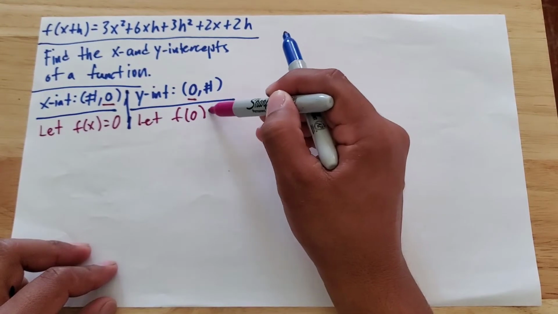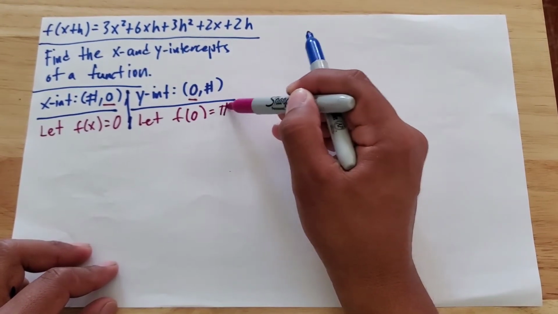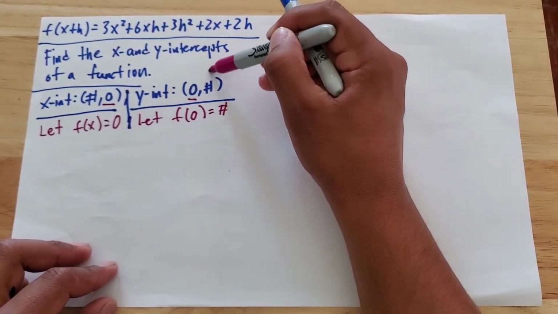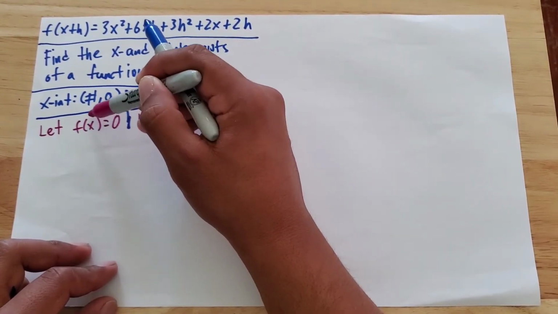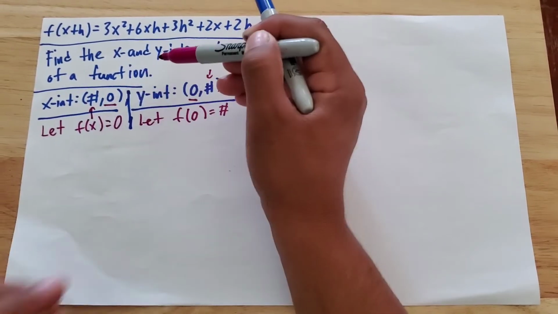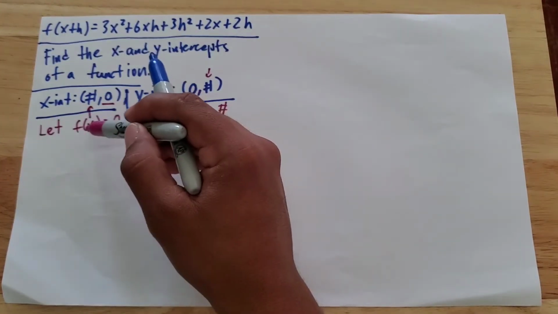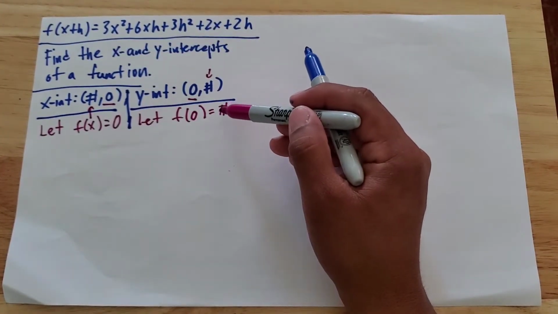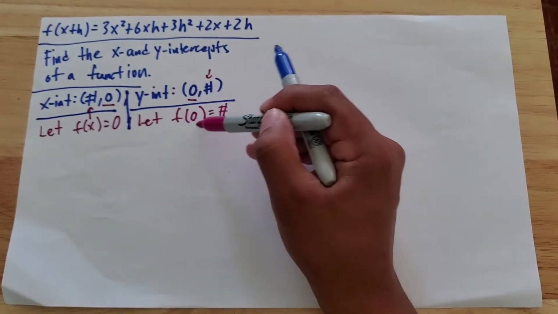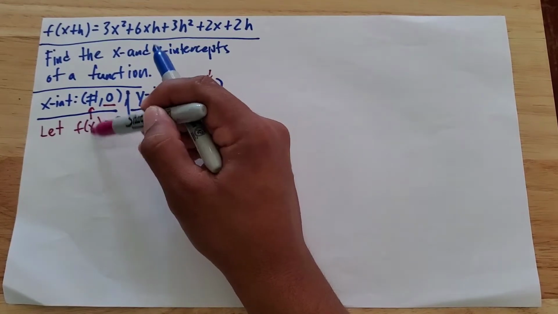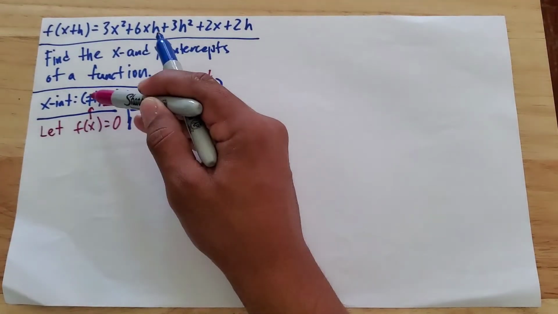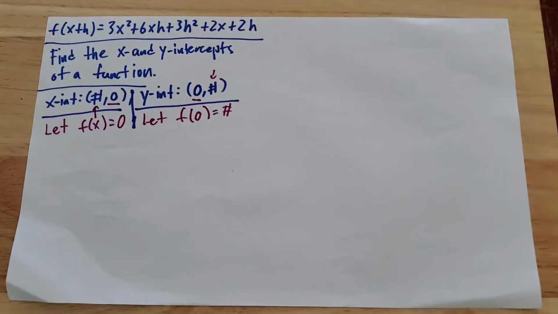And whatever this gives you on this side, that's the number there. So here you find the x, and here you're finding your y, because remember, this f of 0 is your y. This f of x is your y, but inside of it, that x is just your x.